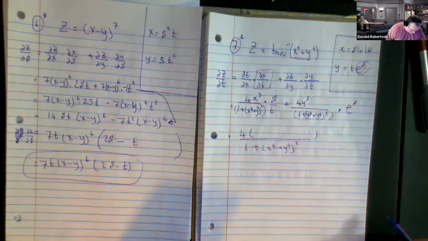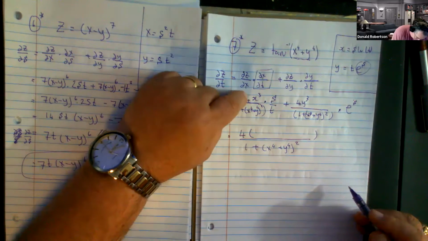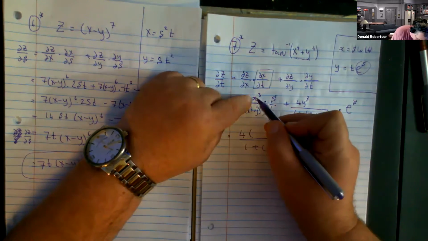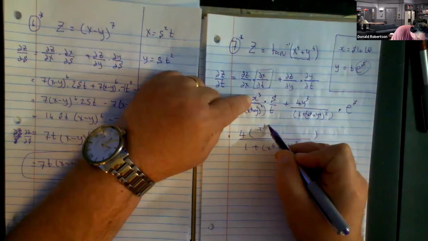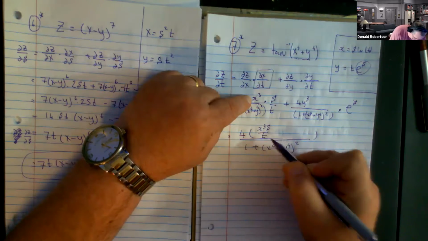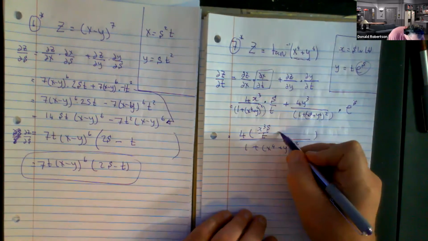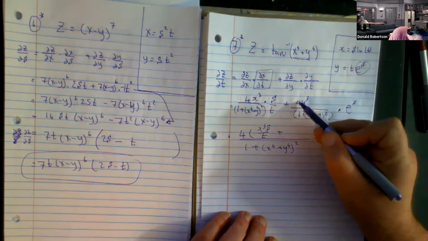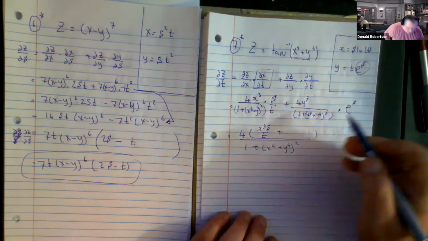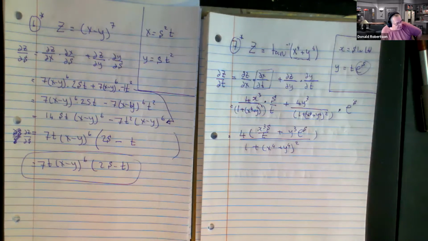Let's see what's left. The bottom's used up. That 4 is used up. There's still an x cubed, an s, and a t. Plus, bottom is used up. 4 is used up. There is still a y cubed e to the s. And the only good news I can tell you is that's what WebAssign is happy with.